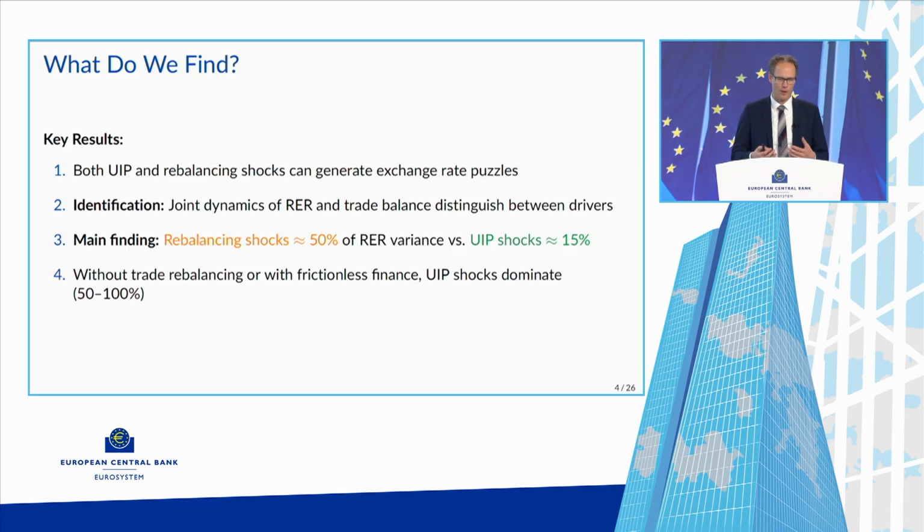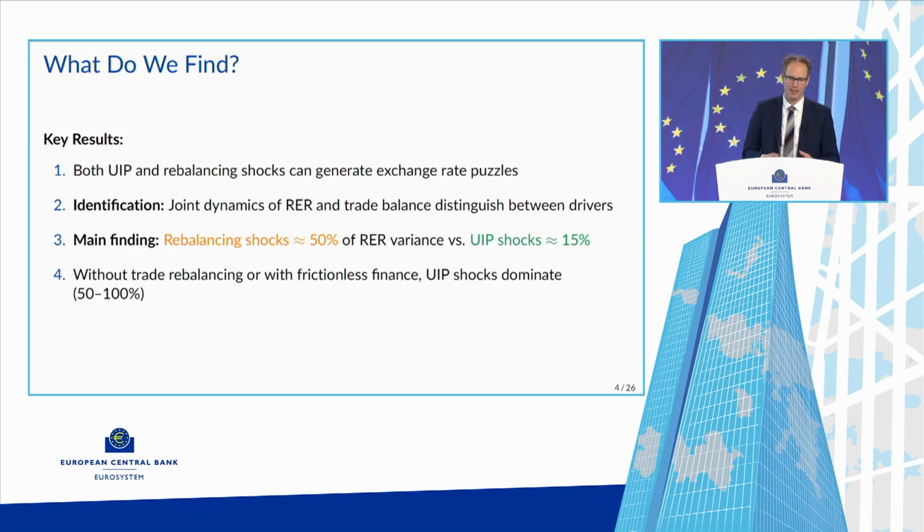But the key thing is, how do we distinguish, if some of these standard puzzles are addressed by both of these shocks, between these sources of fluctuation? And that's where the trade balance itself is going to be very important.